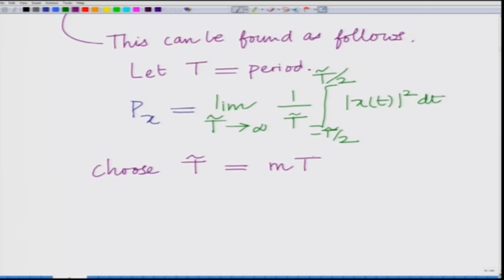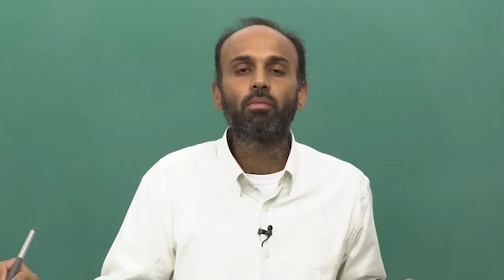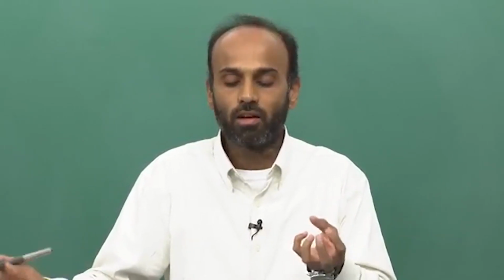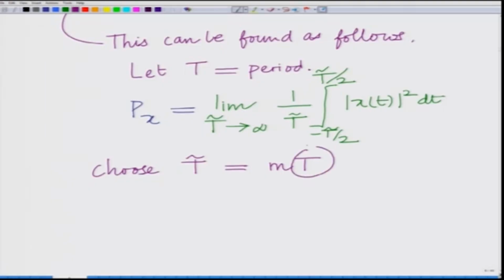Now, what we are going to do is choose t tilde equals m times capital T, that is, we choose t tilde to be m times capital T. So, naturally as m tends to infinity, t tilde tends to infinity. Instead of tending t tilde to infinity, we can equivalently tend this integer m to infinity. So, we are choosing t tilde to be an integer multiple m times T, where T is the period of the signal.